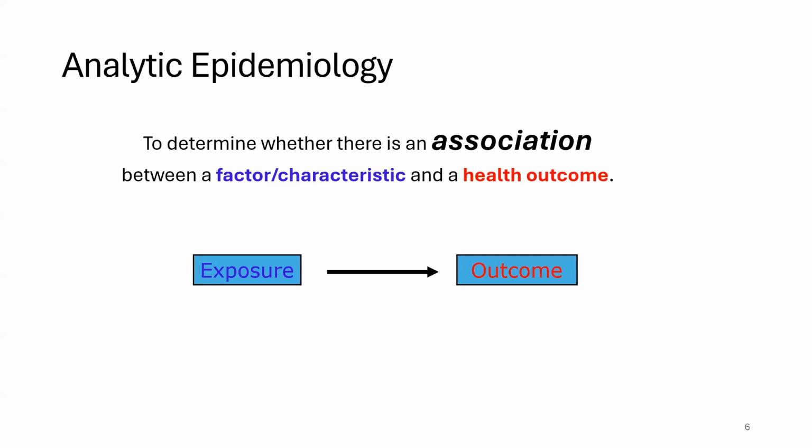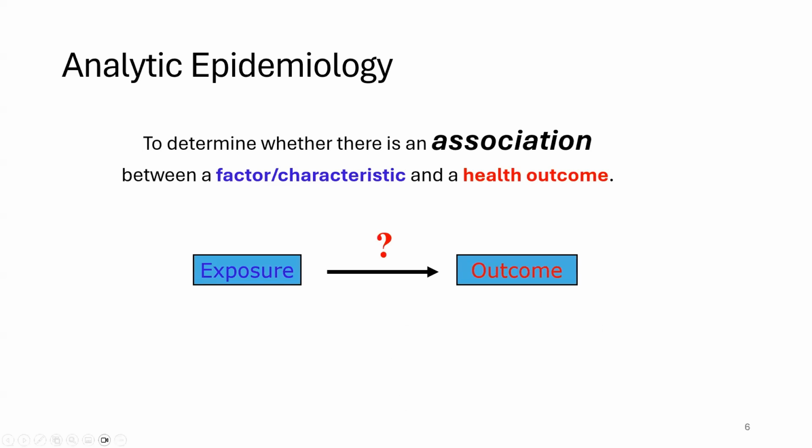So, an example of this could be like tobacco as an exposure for lung cancer as an outcome, or having unprotected sex with multiple partners as an exposure, and sexually transmitted diseases as an outcome, or like having the presence of the BRCA gene and the subsequent development of breast cancer.